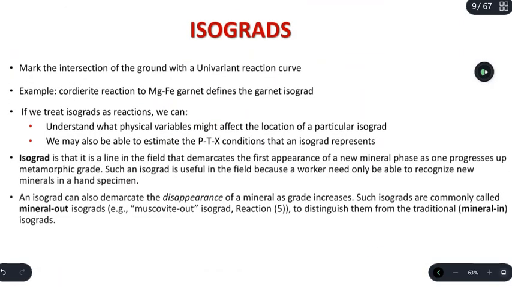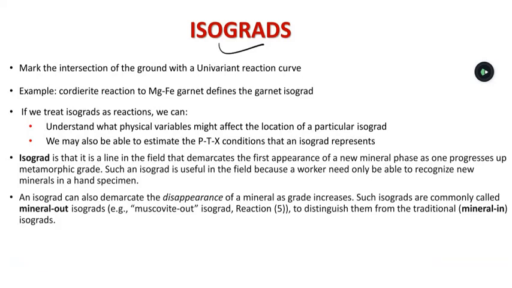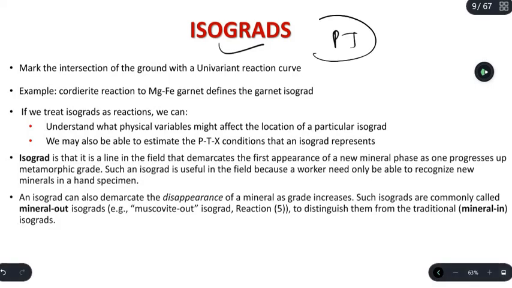Let's talk about some of the reactions. I already mentioned what an isograd is. You tell me what is the meaning of isograd? Right, exactly. Along that condition, it is the line joining the same phase or same grade.